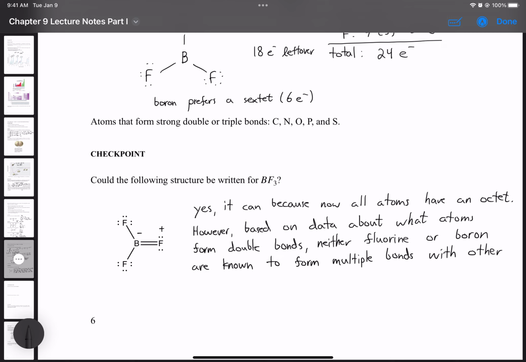And this is particularly the case for fluorine because fluorine is so electronegative, it wouldn't want to share more than at least 2 electrons with another element.